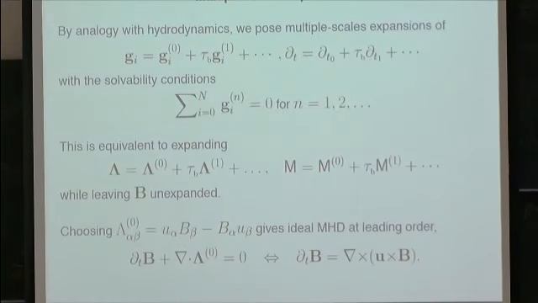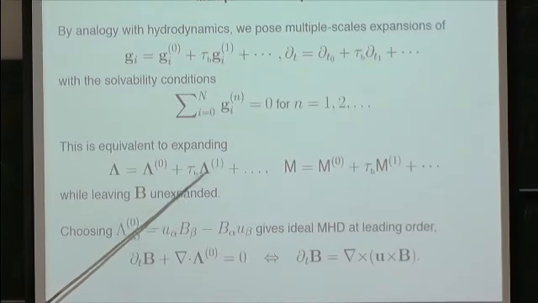So I want to get a resistive MHD induction equation out of this, and I do it by multiple scales, just the way I get Navier-Stokes out of a real Boltzmann equation. So I have multiple scales expansion of G and time derivative in powers of the magnetic collision time tau B, solvability condition, which says that these higher terms don't contribute to the macroscopic magnetic field, just as in hydrodynamics you would say that the higher terms in the expansion of f don't contribute to the density and the momentum.